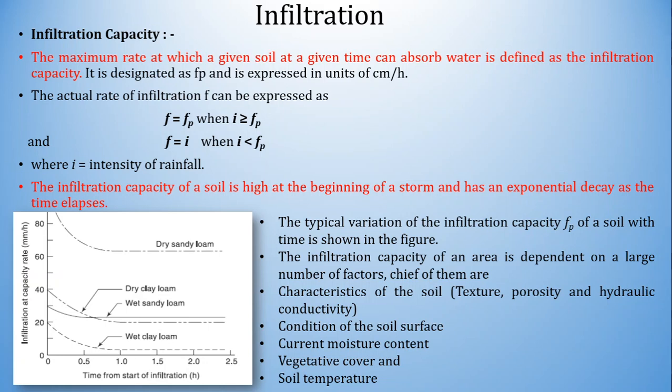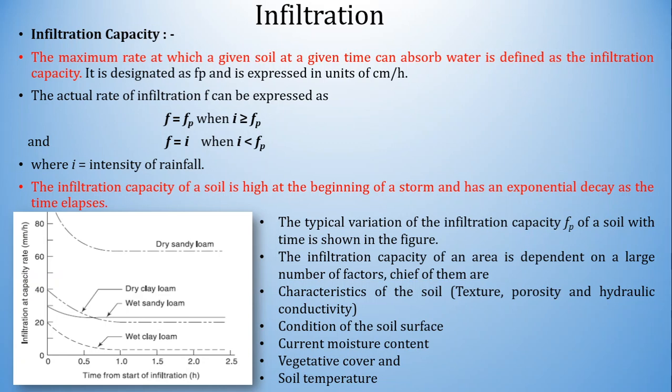And further, with respect to the start of infiltration after the rainfall, the infiltration capacity will go on decreasing and will attain a constant rate. The typical variation of infiltration capacity Fp of a soil with time is shown in the figure. The infiltration capacity of an area depends on a large number of factors.